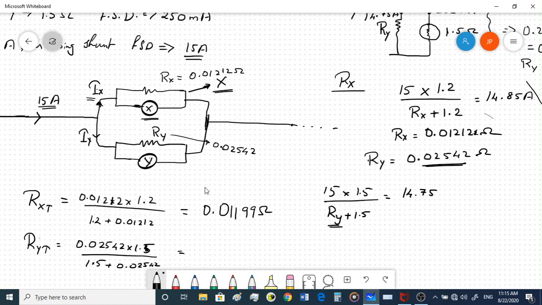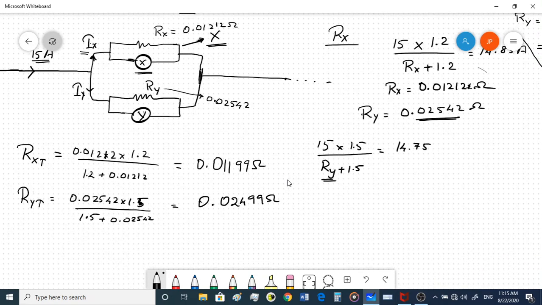This value will come out as 0.02499 ohms. So these are the two values of the resistances after combining the shunts.